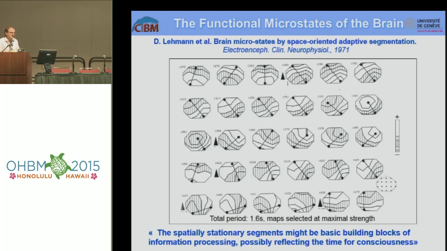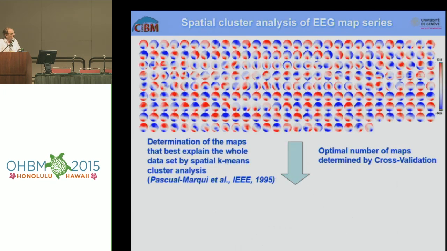He already observed that in a very primitive way, in quotes, but he observed that if you look over time, just at the location of the maximum and the negative of your maps, you observe the stabilities of the fields. And he claimed at that time that the spatial stationary segments might be the basic building blocks of information processing, possibly reflecting the time for consciousness. That was an idea that he formulated before having the possibilities to really prove this concept.